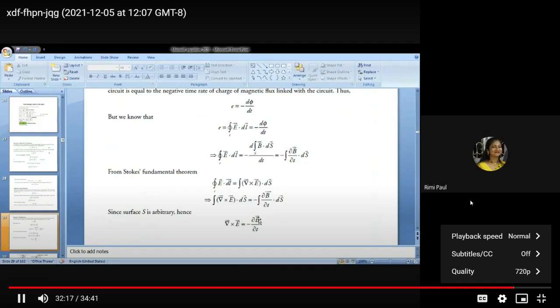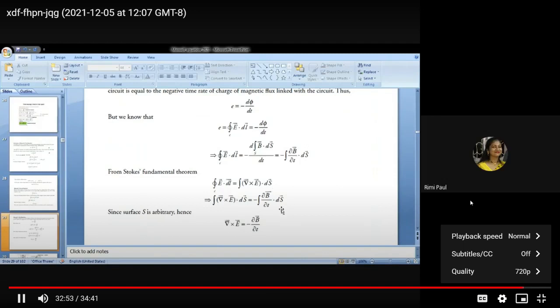So this is Maxwell's third equation. And this form is the differential form and the other is the integral form.